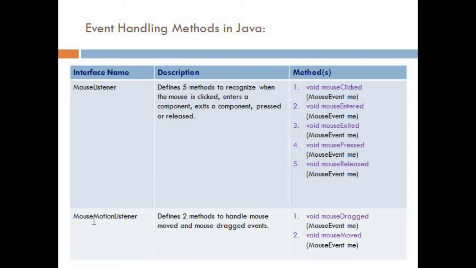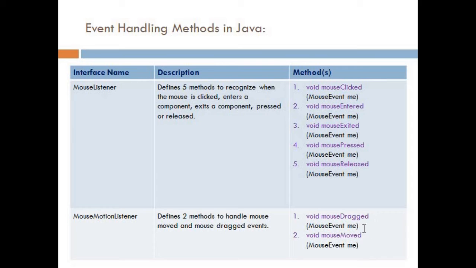Then come to the next interface, which is the MouseMotionListener. This interface defines 2 methods to handle the mouse moved and the mouse dragged events. So when the mouse drag event occurs, the method void mouseDragged gets activated. Or when the mouse move event occurs, the void mouseMoved method shall get executed.